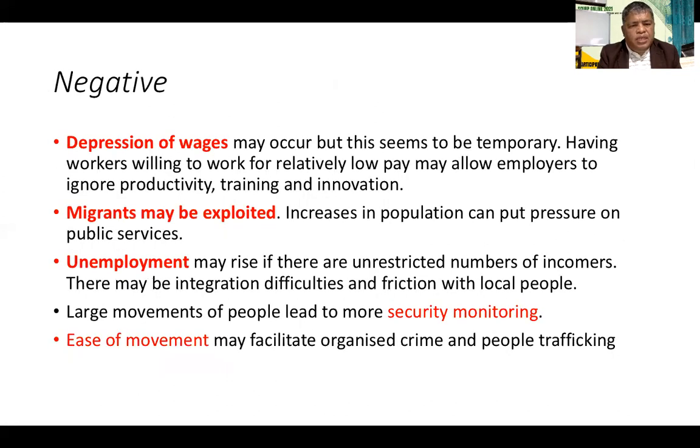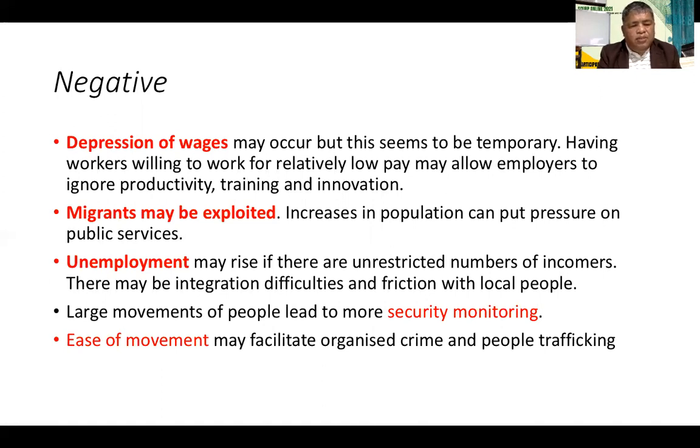Okay? So on the negative side, depression of wages may occur, but this seems to be temporary. Having workers willing to work for relatively low pay may allow employers to ignore productivity, training, and innovation. That's what we have observed. Isang palabas sa Europe, yung mga truck drivers na galing sa Pilipinas, they tend to accept low wages kasi mas malaki na yun kung kumpara nila sa Pilipinas.